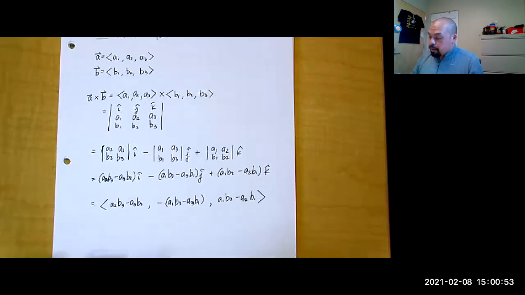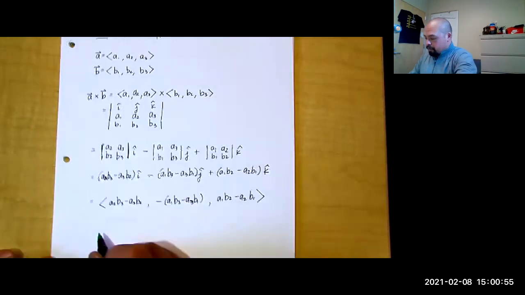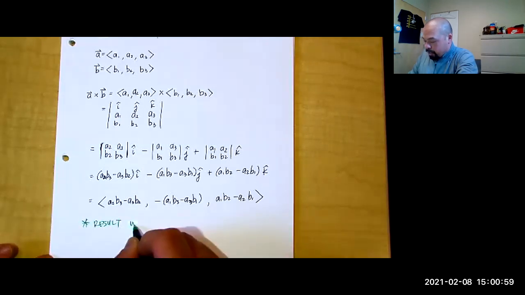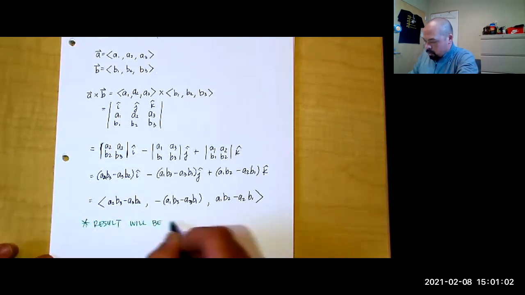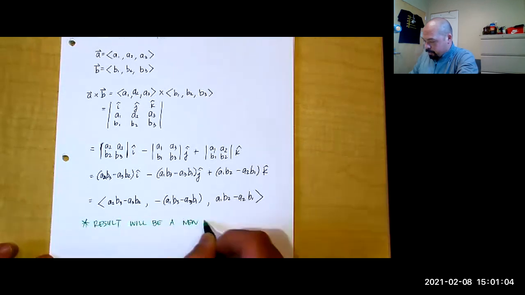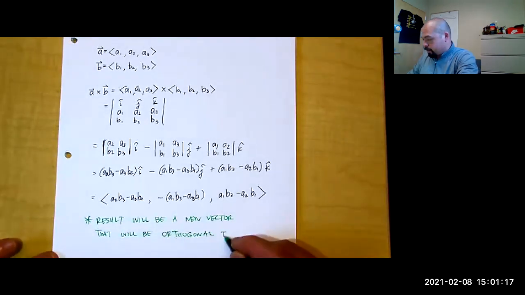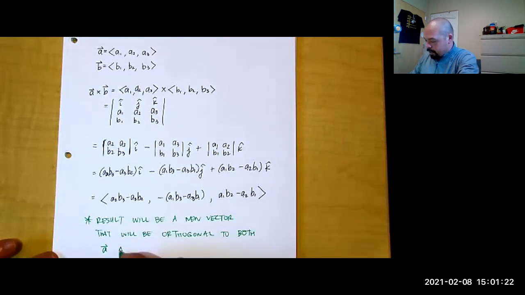The result of that cross product will be a new vector with the characteristic that it will be orthogonal, perpendicular, having a dot product equal to 0 to both vector A and vector B, those two original vectors.